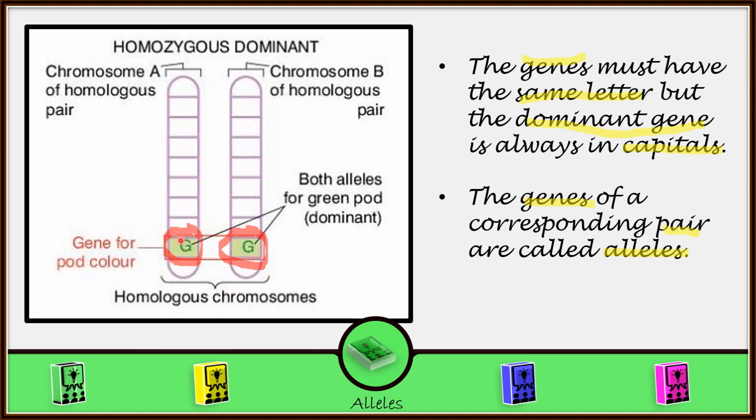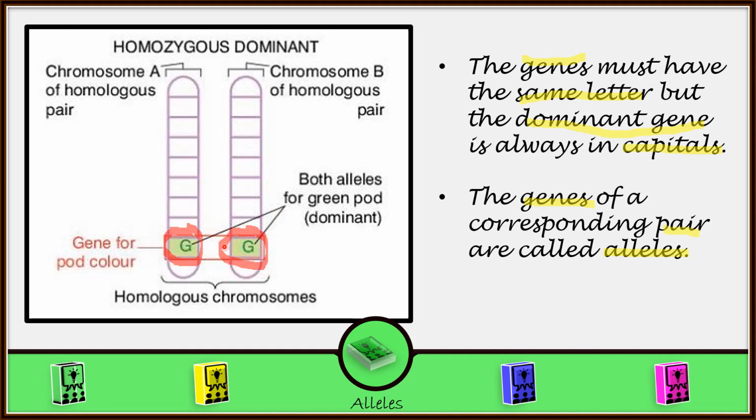So here we have gene D and gene D. Both of them are genes controlling green color. So we call them alleles, as genes of a corresponding pair. This one controls the color of the pod, and this one also controls the color of the pod.